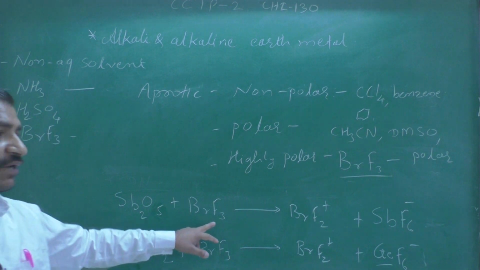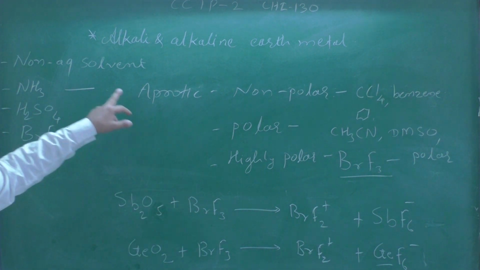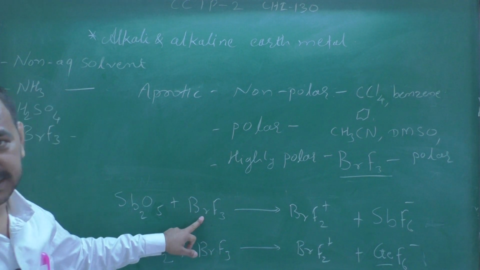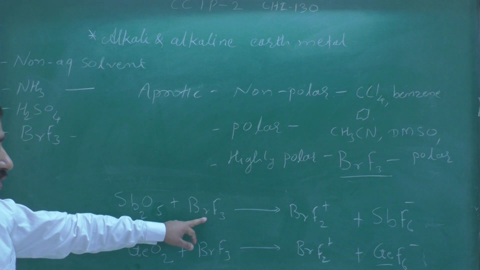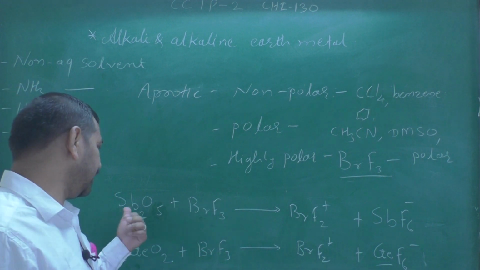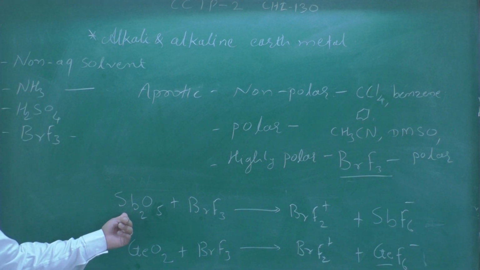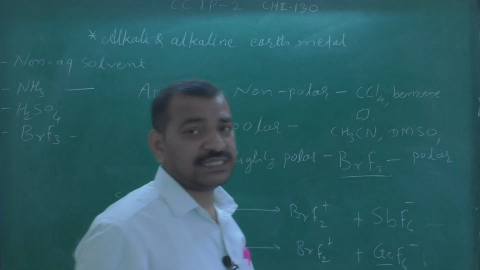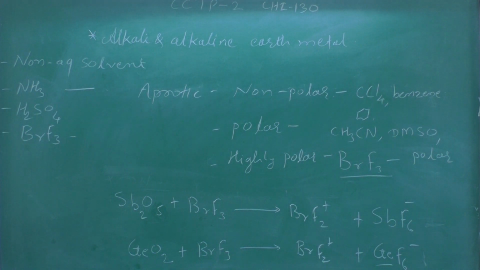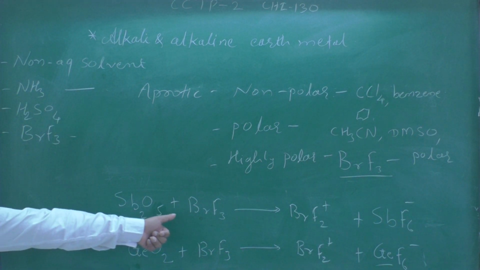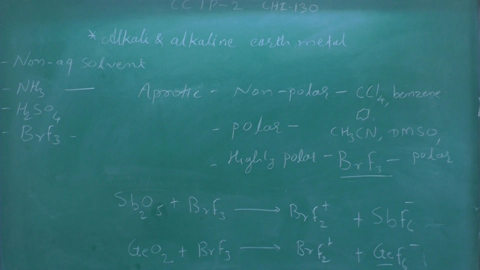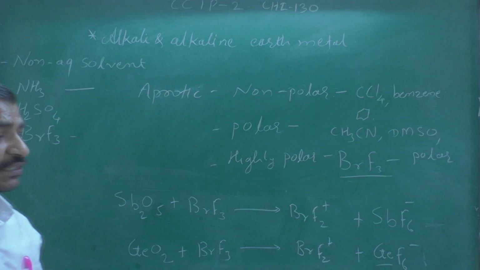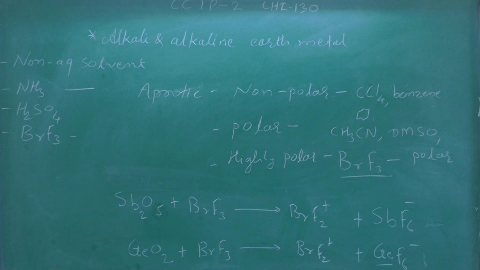In this reaction, BrF3, an aprotic non-aqueous solvent, acts as an acid. Why? Because it donates a fluorine atom to Sb, and they form SbF6 type complexes. That's why in this aprotic solvent, BrF3 autoionizes and donates fluorine atoms without change, only transferring fluorine atoms.